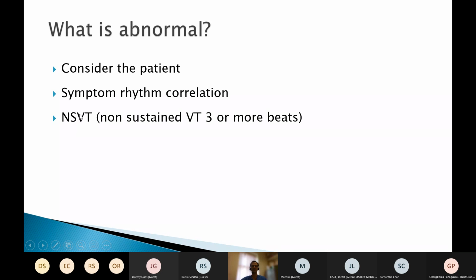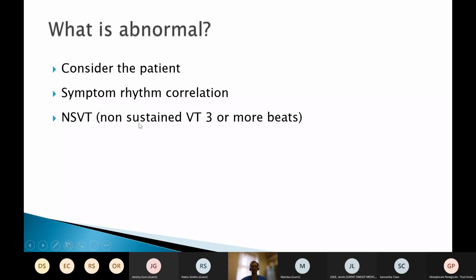It's still non-sustained VT if that episode lasts less than 30 seconds. So you could have 59 beats at a rate of 200 of ventricular ectopy one after the other, and you'd call it non-sustained VT, as opposed to ventricular tachycardia if you had 60 beats and it therefore lasted 30 seconds. So it's a very broad definition.